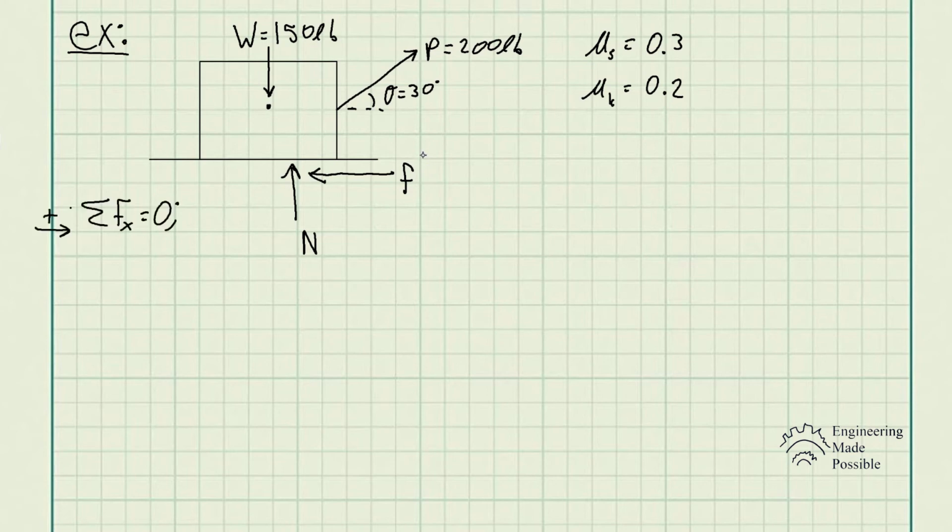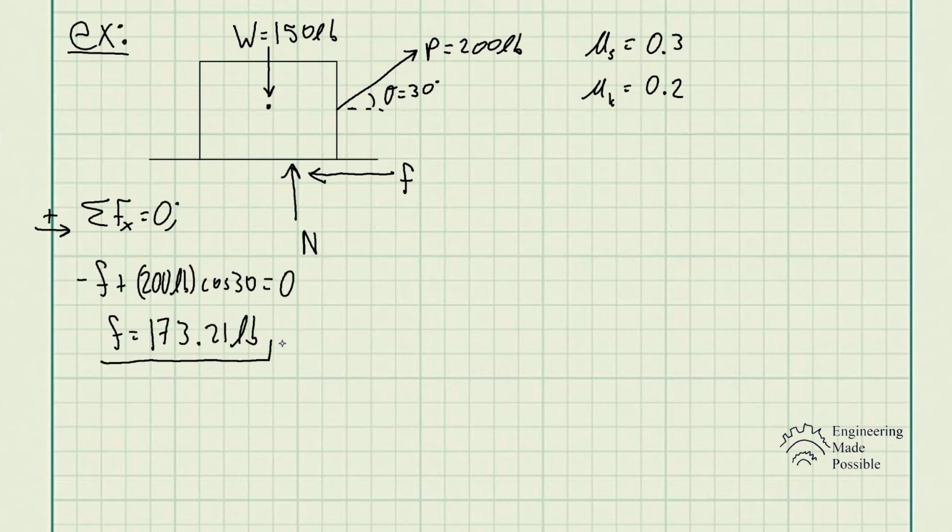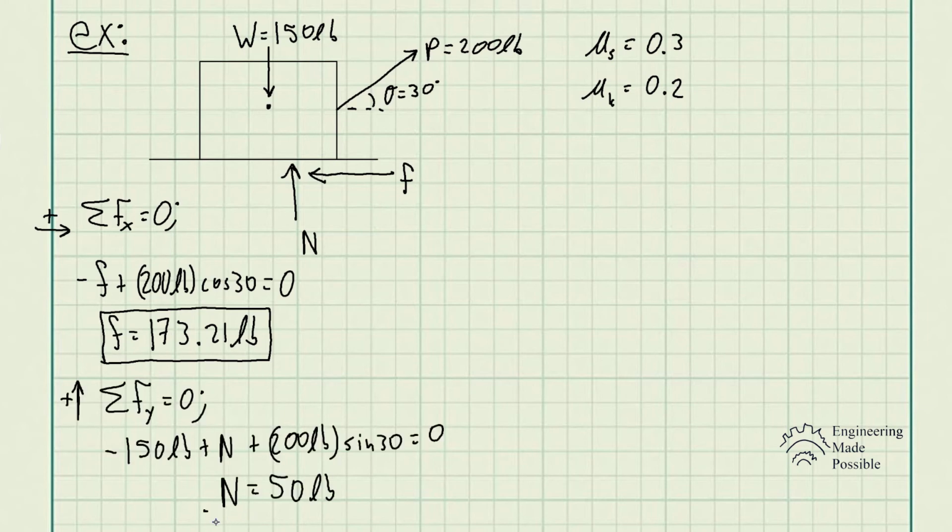So first, doing the sum of forces along the x direction, we have the frictional force at the surface being 173.21 pounds. Now let's go ahead and solve for that normal force, which is the sum of forces along the y direction. And so the normal force is equal to 50 pounds here.